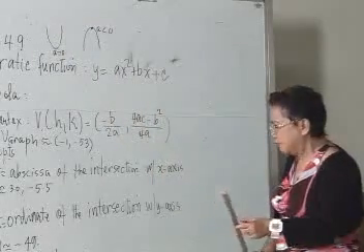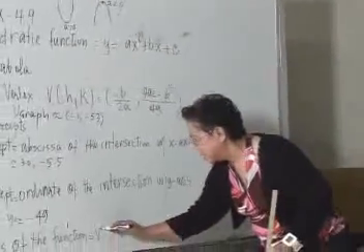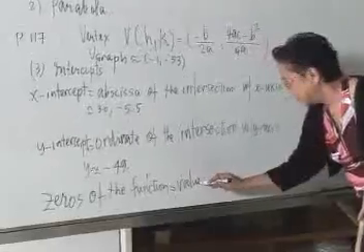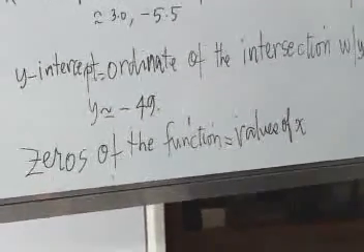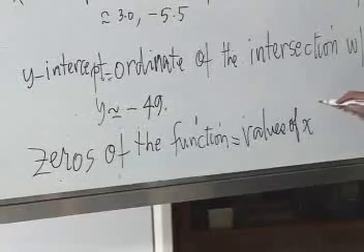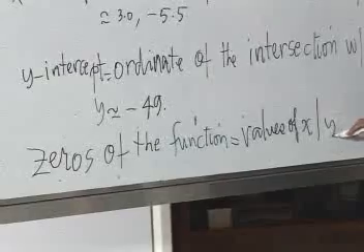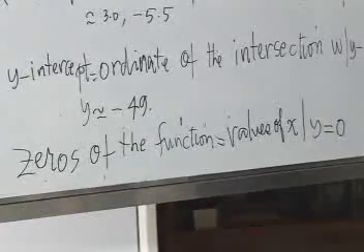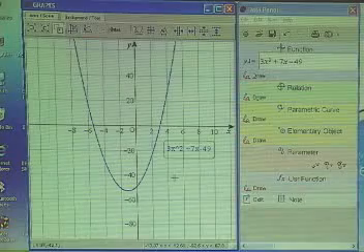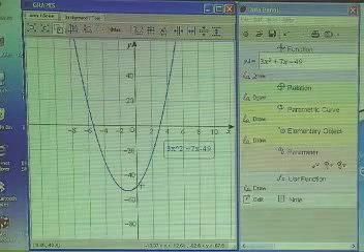Okay. Now, zeros of the function will be the values of x such that y is equal to 0. Or in other words, when the function is 0. So, will you point out, Carlo, the zeros of the function?